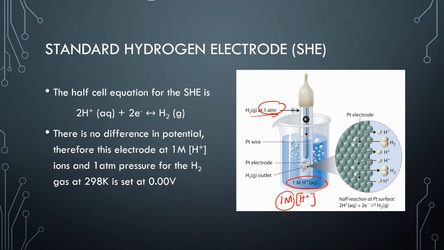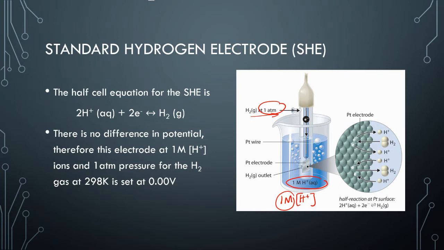Now, the hydrogen is being pumped through, you can see the bubbles, and what happens at the surface of the platinum is that the hydrogen gas will lose its electrons and become H plus ions, and H plus ions in solution will pick up those electrons and become hydrogen gas, and that's what you are seeing bubbling here.